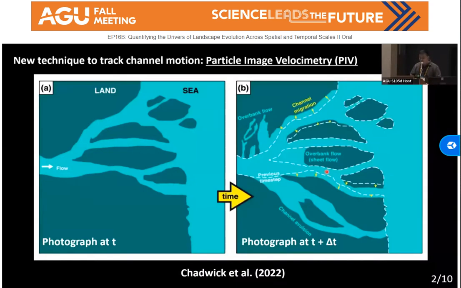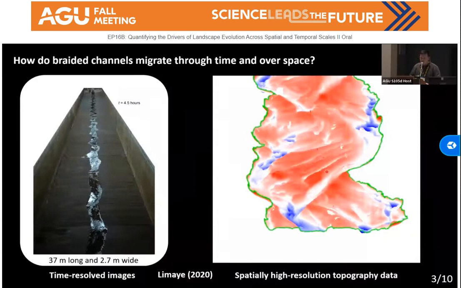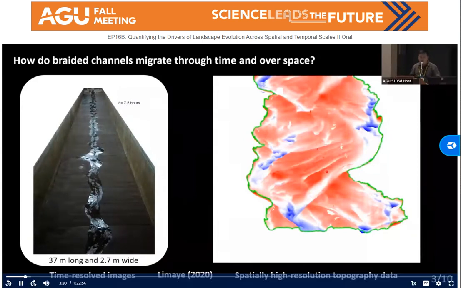This method was used on satellite images and other data, but mostly on photographs. My supervisor has a data set of the topography in the St. Anthony Falls Laboratory. This is a very large experimental basin, about 70 meters long and nearly 3 meters wide.